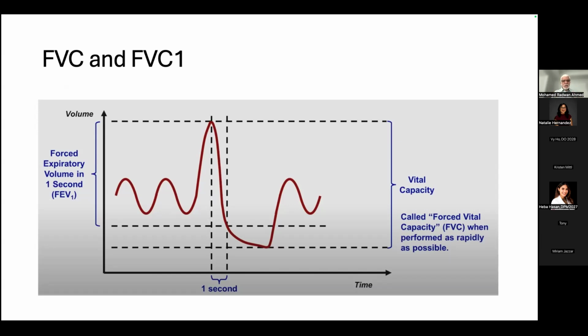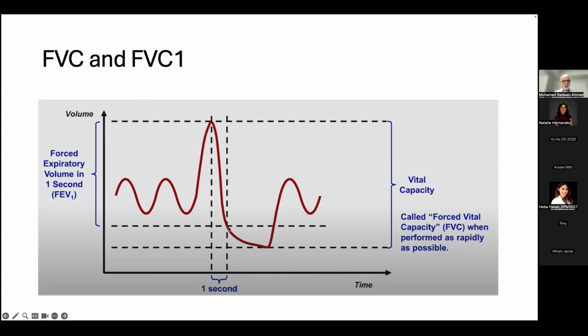As you see, in the forced vital capacity in 1 second, we actually exhale around 30% of air during the first second. So we call this FEV1, meaning in 1 second, that part.